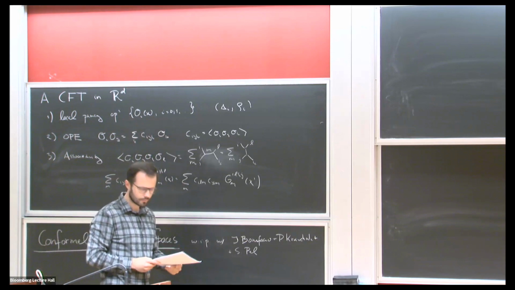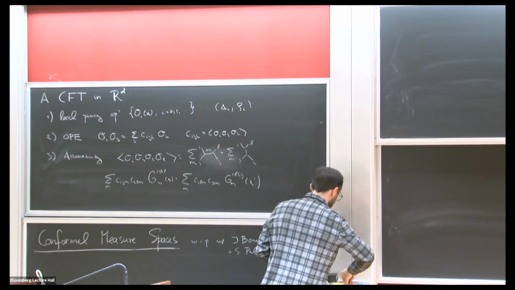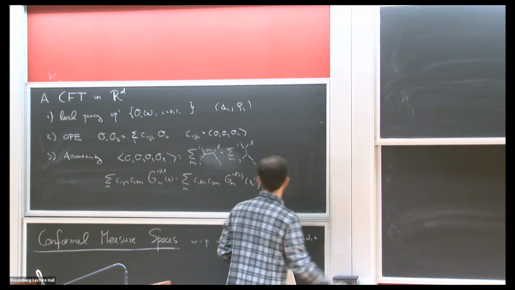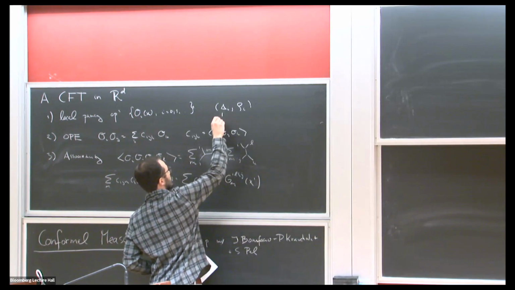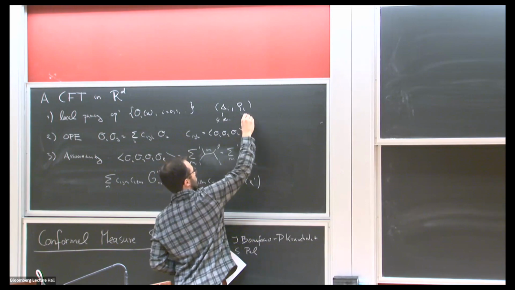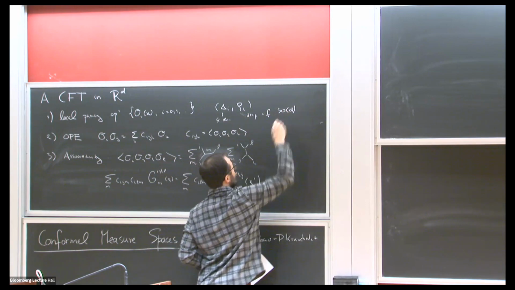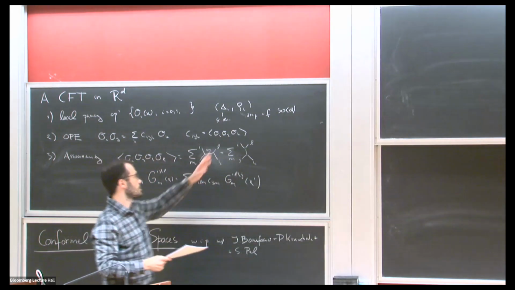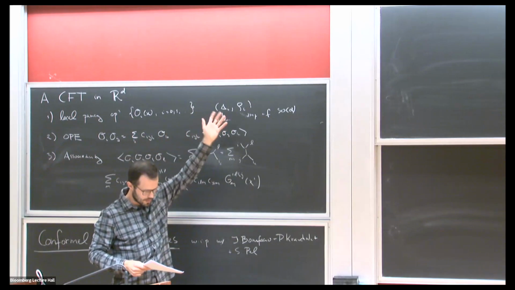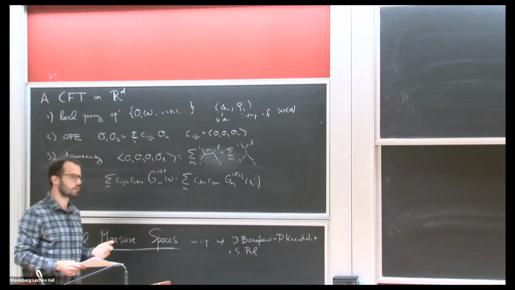And they come with some labels, namely the scaling dimension, delta_i, which is some real number, subject to various bounds, and rho, which is an irreducible representation of SO(d), so some finite dimensional representation of SO(d), which is the spin of the operator. And this is the same data as specifying some positive energy representation of the Lorentzian conformal group.